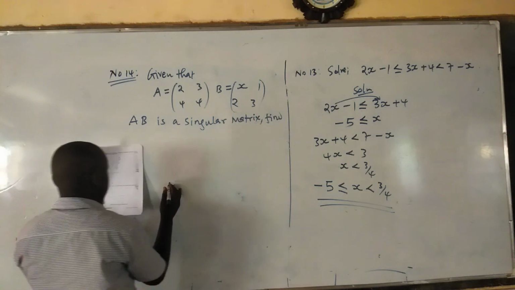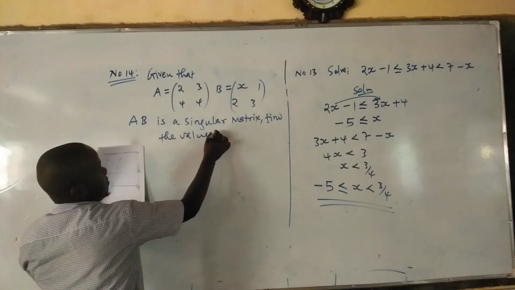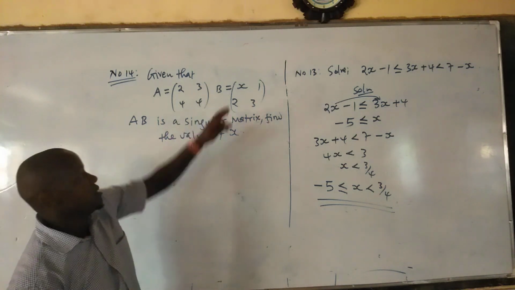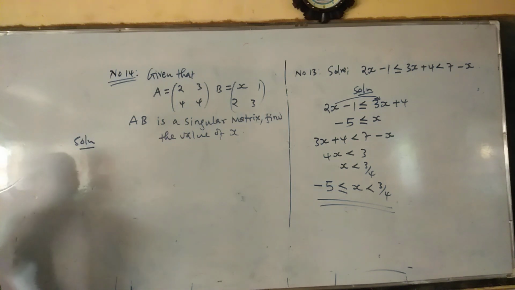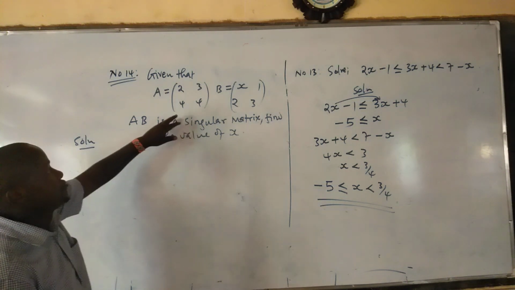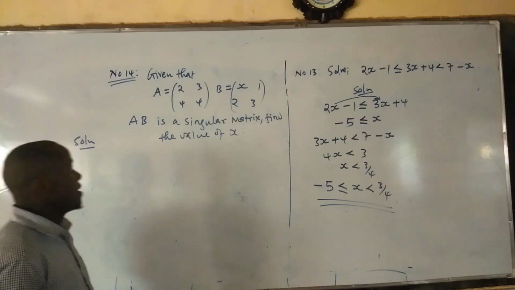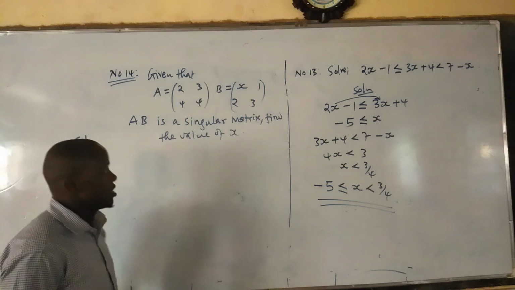Find the value of x, the x in matrix B. So we are told that matrix A is here, B is here with an unknown x there. Then the product of A and B, AB, is a singular matrix.